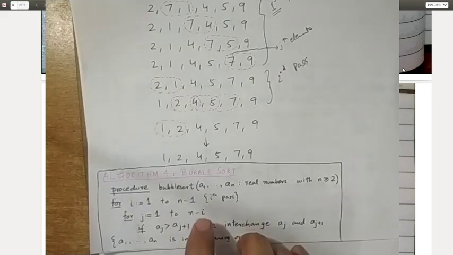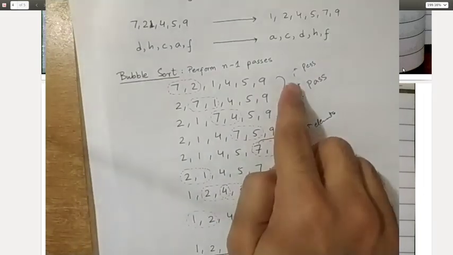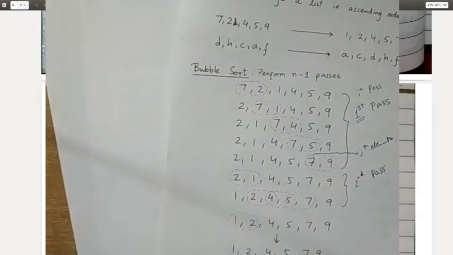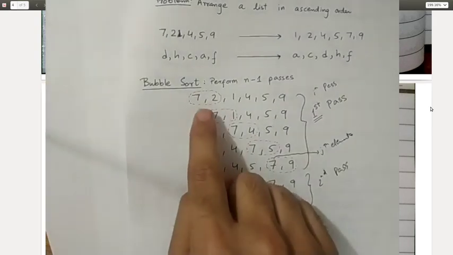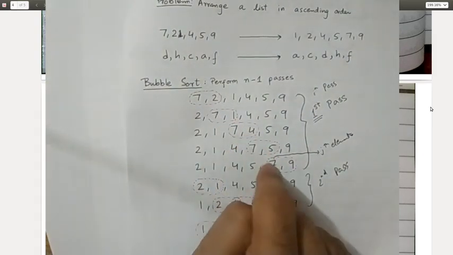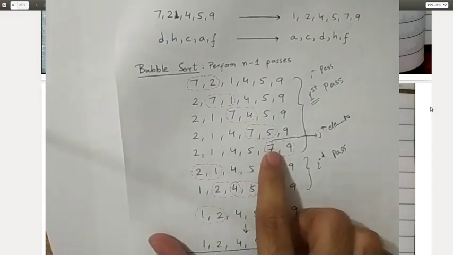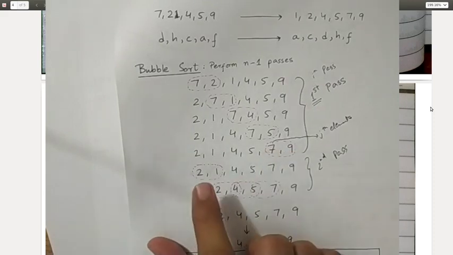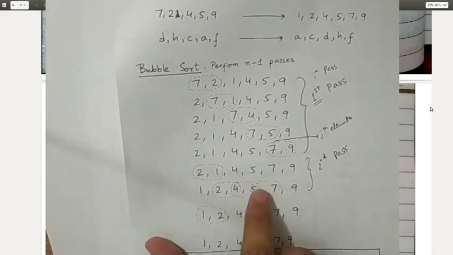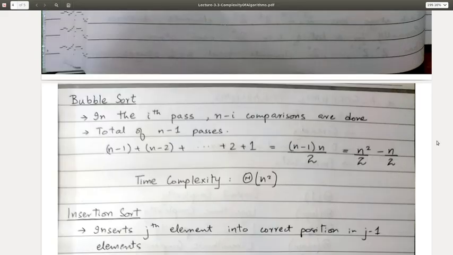In the first pass it compared these two, and then these two, and so on up until the last two elements. But in the second pass we were not going to check the last two elements, we were going to start and stop at these two. So in the ith pass you do n minus i comparisons.